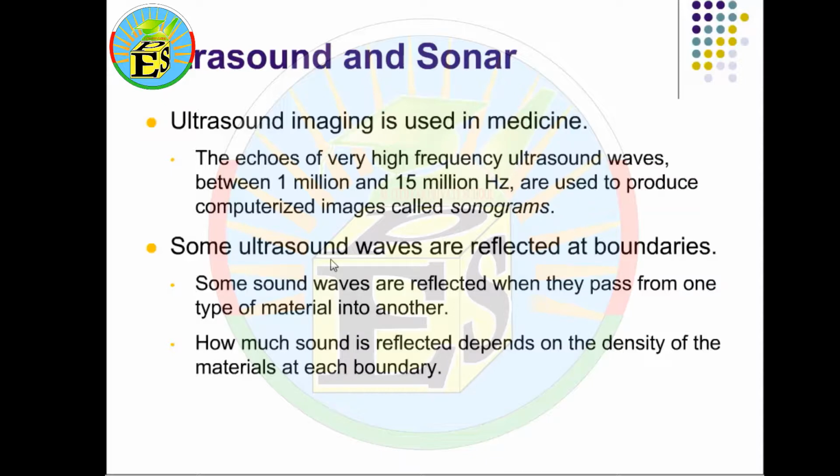If we have highly reflected ultrasound, it means the material is high density. But if we have low reflected ultrasound, it means the material is low density. So I can predict the material density inside the body using ultrasound and sonograms.